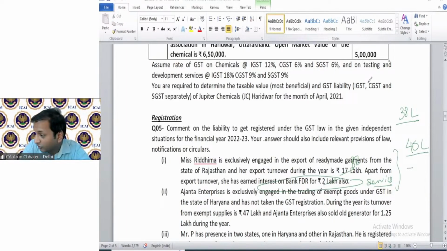Slight confusion you have created by your reply. So give me the direct answer whether aggregate turnover in this case is 38 or 40 lakhs. Just a simple question.